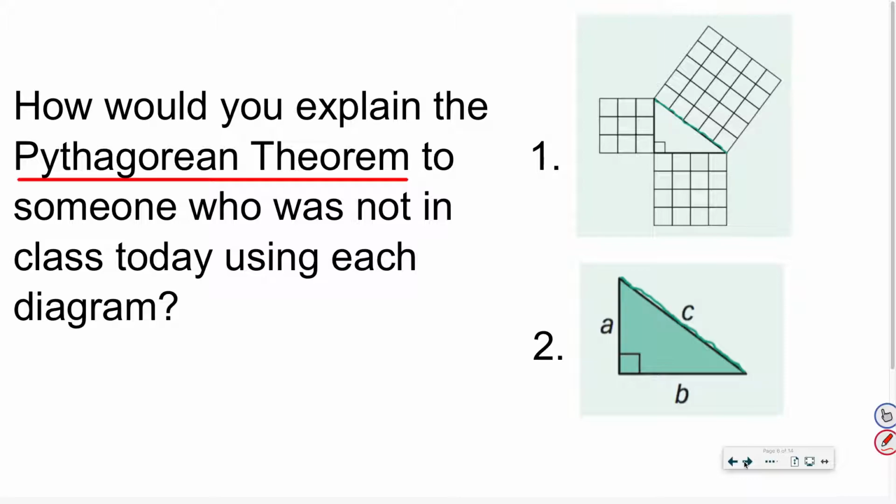Because you wrote down 2 definitions, which are very technical. Go ahead. I would say if you draw a right triangle, there are 2 sides that make up the right angle, the legs, and then the other side across from the right angle would be the hypotenuse. Okay.